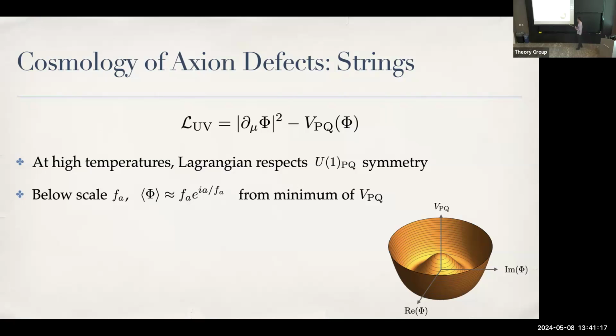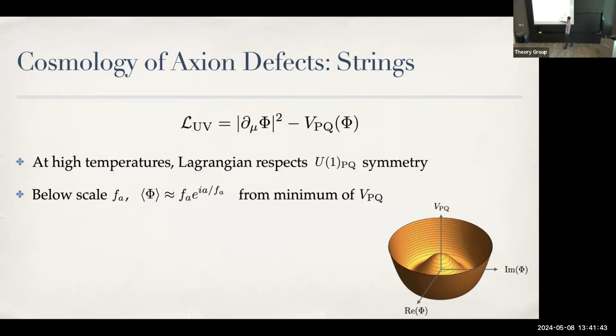Now, something special happens as the universe cools below the scale f_a, in that this phi field develops a vacuum expectation value. So it starts off unbroken at this minimum over here, or excuse me, at phi equals 0. As the universe cools, this potential becomes somewhat like this wine bottle potential, and this phi field will fall towards some of its minima, which you can see are along the rim of this potential.